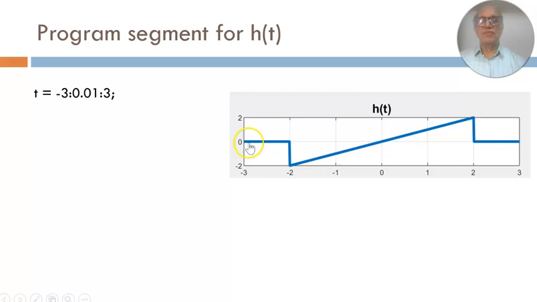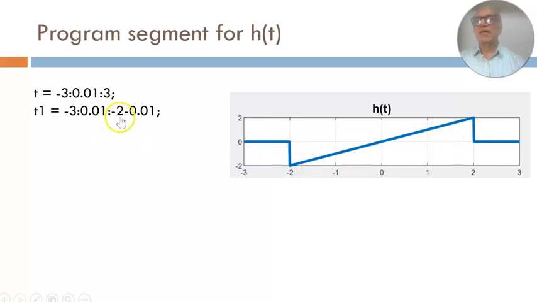From that, you first generate the t1 time vector. It starts from -3 with the same sampling time, 0.01. But instead of ending exactly at -2, it ends one sample time earlier. The reason is that from the next sample we want to generate the straight line. This is a discrete thing, so it ends at the previous sample, and from the next sample we generate the straight line.